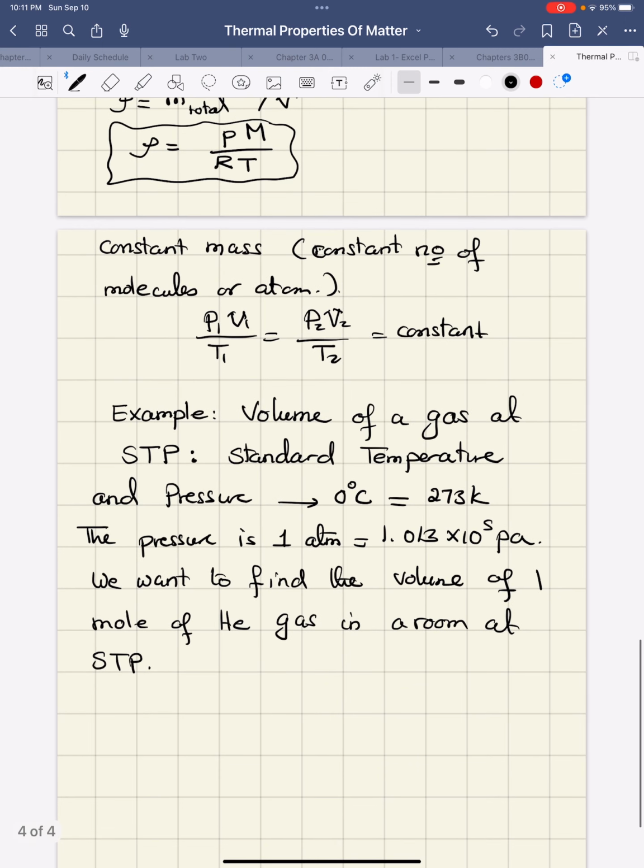Of course we know that PV equals nRT, and the volume is going to be nRT over P. By the way, P should always be lowercase for pressure.